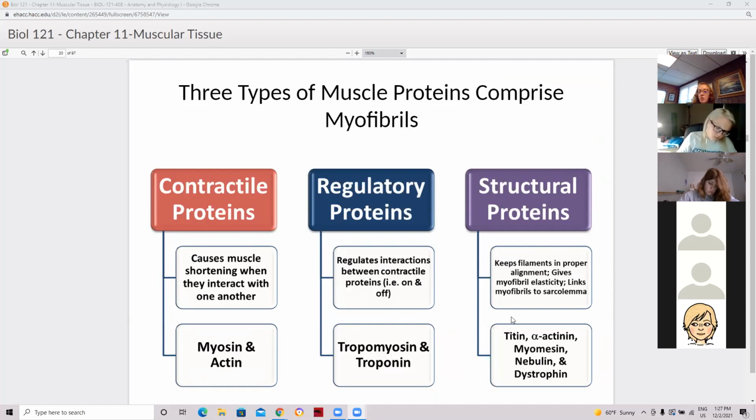And structural proteins keep filaments in proper alignment, giving myofibrils their elasticity and linking myofibrils to the sarcolemma. Different ones are titin, alpha-actinin, myomesin, nebulin, and dystrophin.